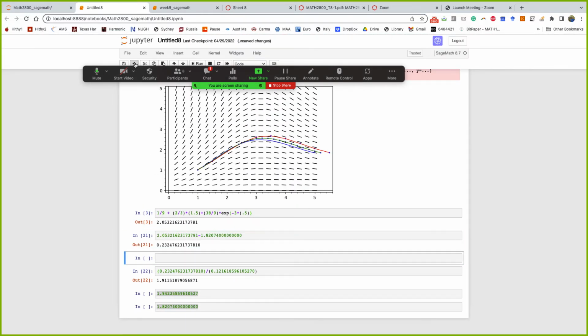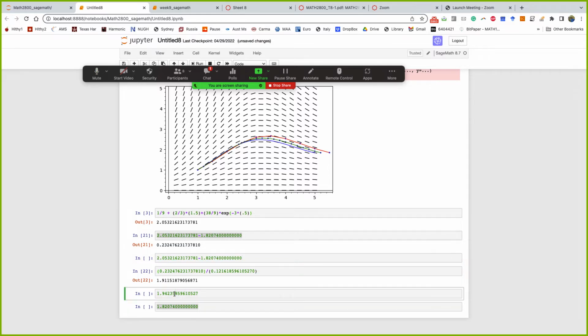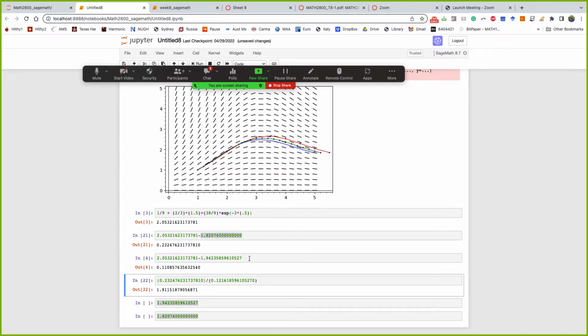Let's obtain the difference between the exact solution and the finer step solution.